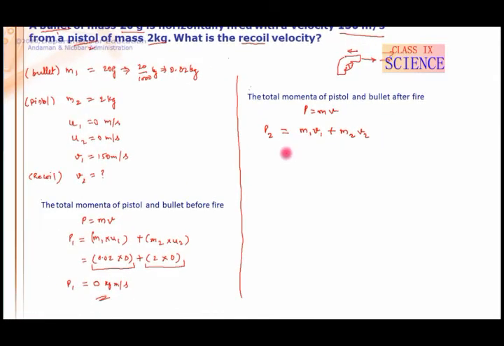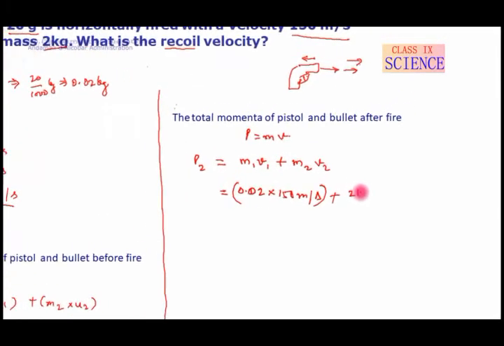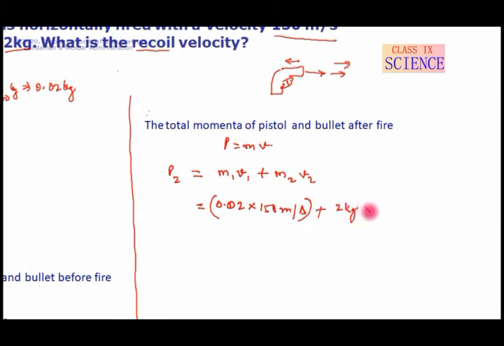Here m1 is the mass of the bullet, 0.02, multiplied by the final velocity of the bullet as given in the question, 150 meter per second, plus m2, the mass of the pistol, 2 kg, multiplied by the final velocity, which we don't know.